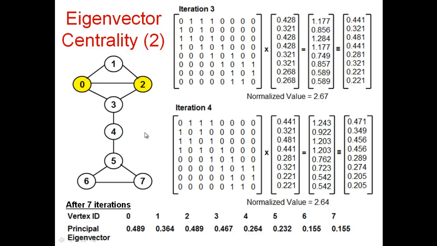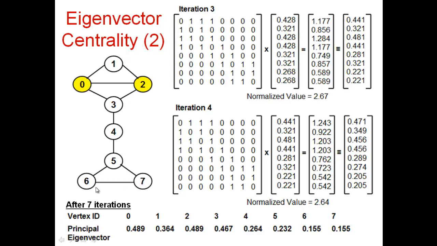Now vertex 1 has a degree of 2, whereas 6 and 7 also have a degree of 2. But you see, 1 has 2 neighbors, both have degree 3, whereas 6 has 2 neighbors, one has degree 3, the other has degree 2.